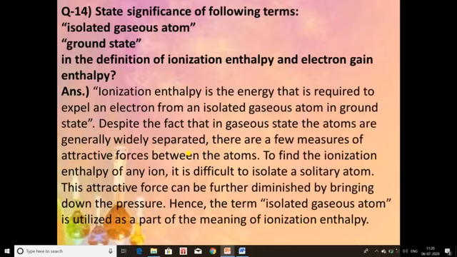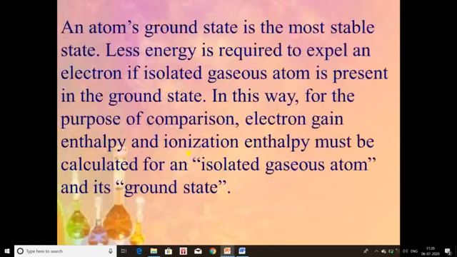So to find the ionization enthalpy, it is difficult to isolate a solitary atom. This attractive force can be diminished or removed by bringing down the pressure. Hence, the term isolated gaseous atom is used in the meaning of ionization enthalpy.